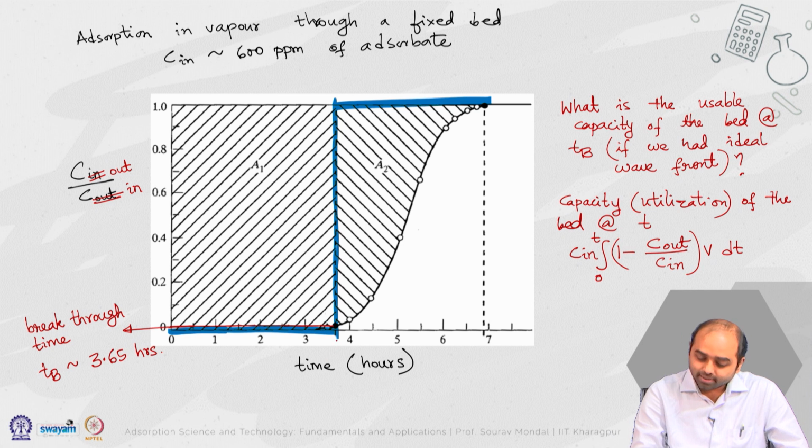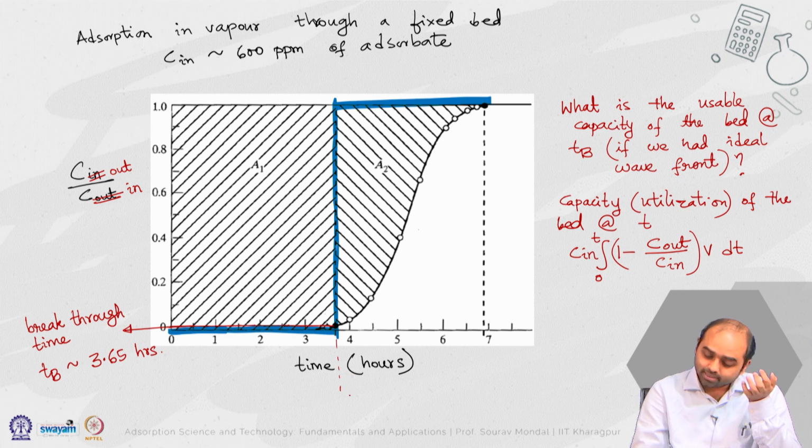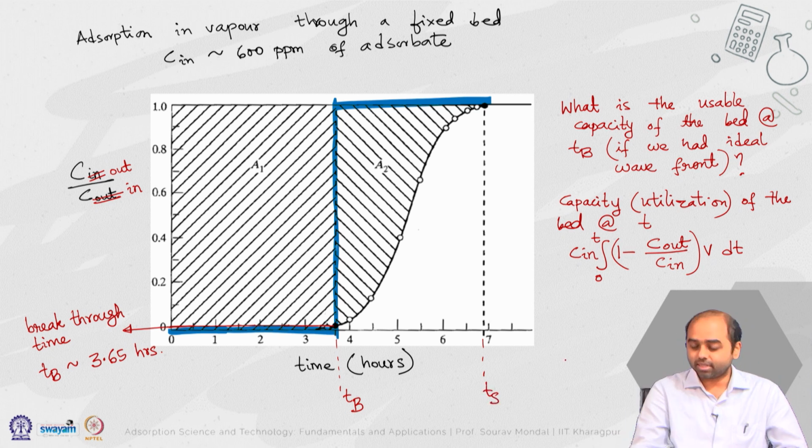So in this case, the breakthrough time for this ideal wave front, let us consider this as TB, and this is the saturation time when the bed has reached almost its saturation limit. In this case this is around 6.9.